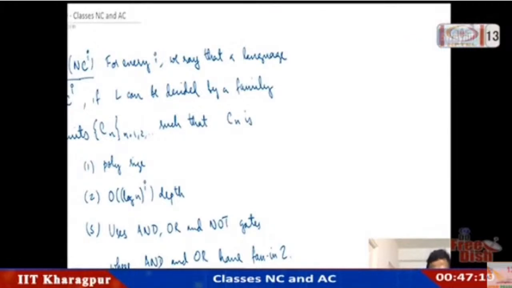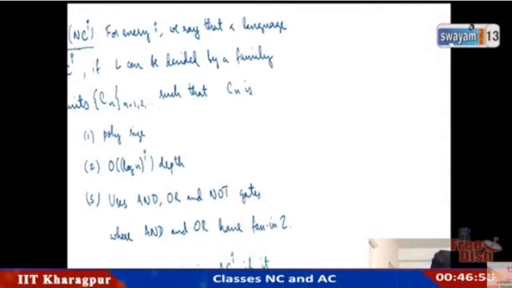We have also seen how much size is required to compute certain functions, languages, etc. Today we are going to see two sets of circuit classes called NC and AC, which are both contained in P/poly, but are more fine-grained in their definition, right?